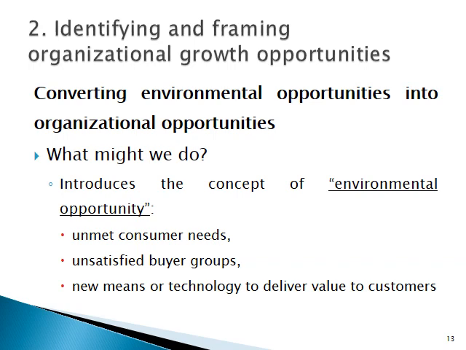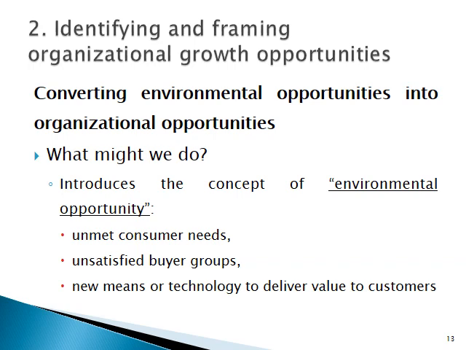Here you can see the unmet consumer needs in the marketplace. If you take, let's say, the food and beverage industry, what are the unmet customer needs? What are the unsatisfied buyer groups of your organization? What are the new means or technology to deliver value to a customer? We'll take an example here. Take the floriculture industry, the industry based on flowers.